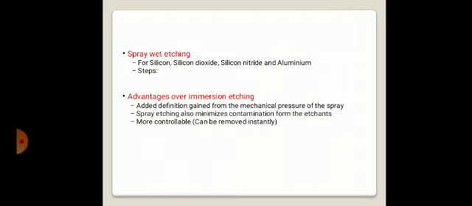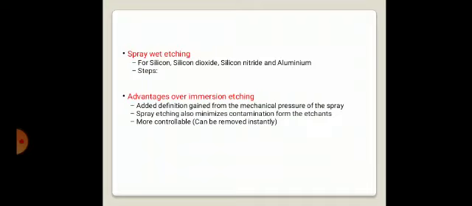Next is spray wet etching. Spray wet etching is also for silicon dioxide, silicon nitride, and aluminum. The steps are: first, etchant is sprayed onto the surface of the etched film in surplus, covering all the surface area to be etched for a specific time.